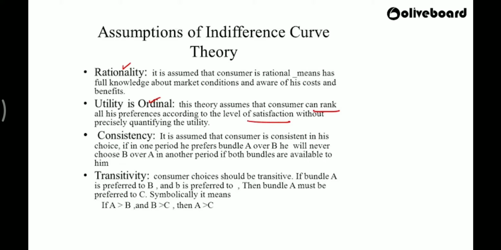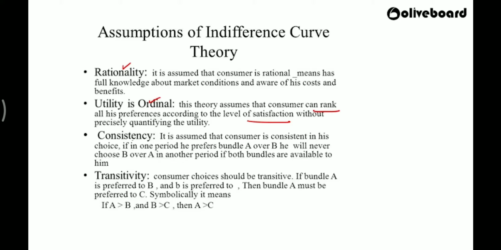You are not quantifying it, just ordering: this one I will be very happy, this one I got too much satisfaction from, this one to an extent, this one not. So you are able to rank accordingly, first, second, third.